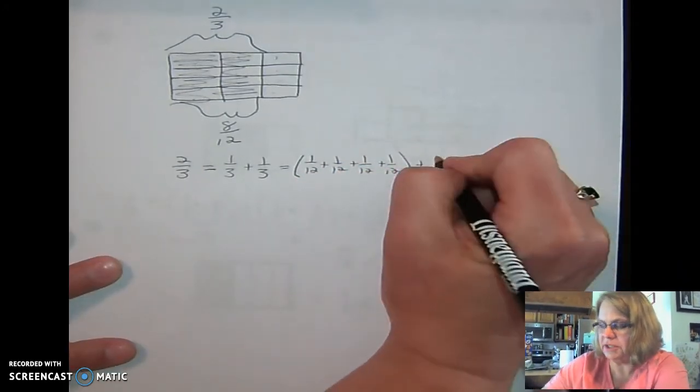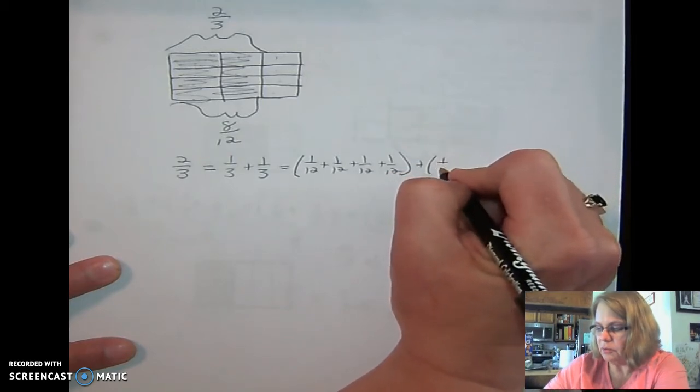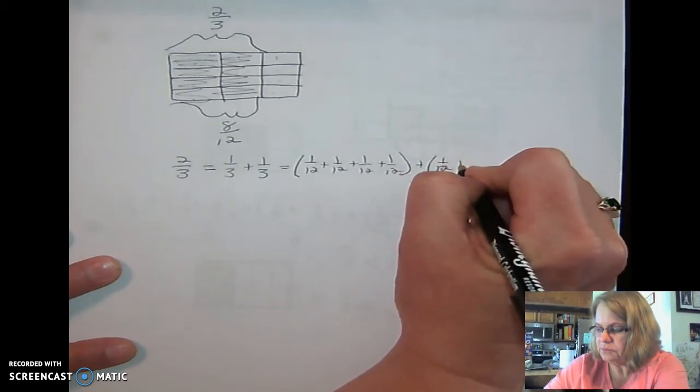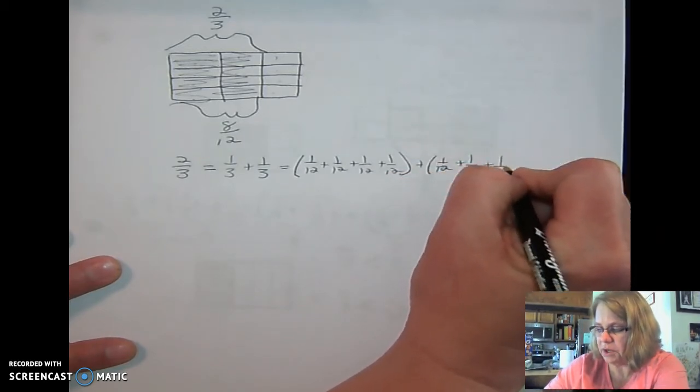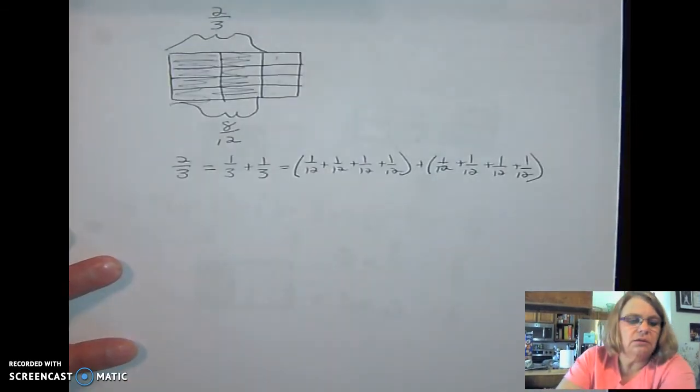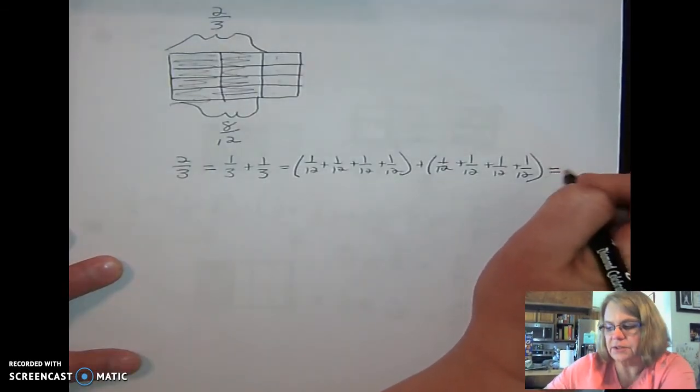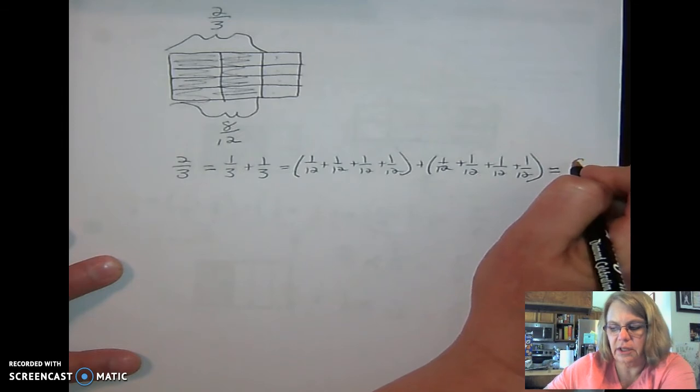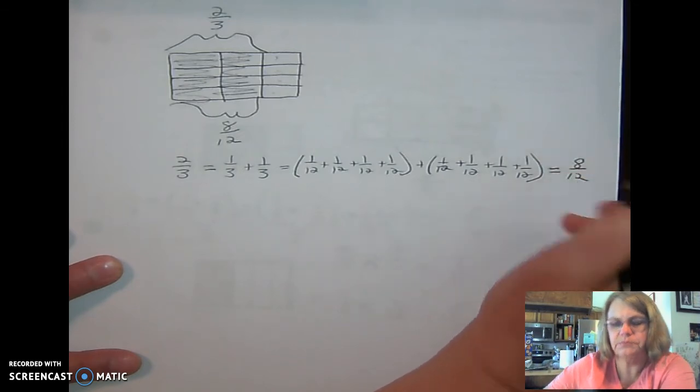And then the next one is 1/12 plus 1/12 plus 1/12 plus 1/12. And this equals 8/12. With me so far?